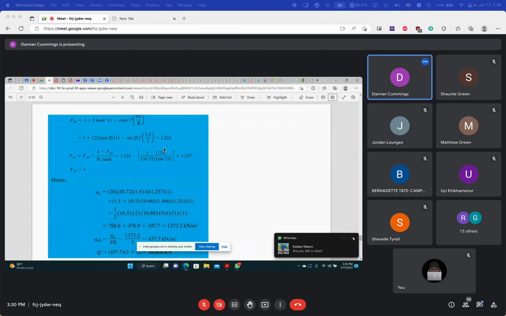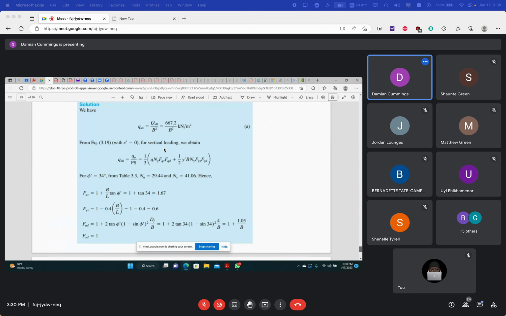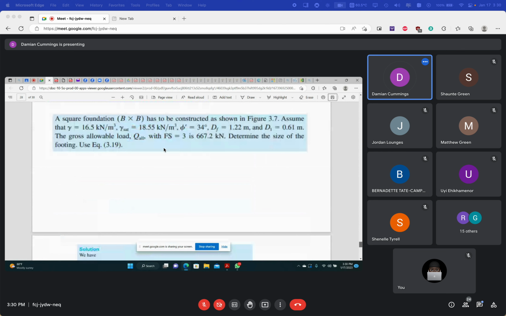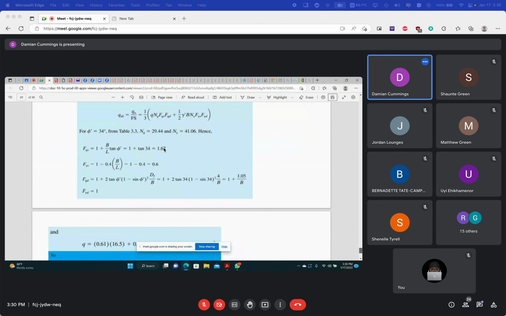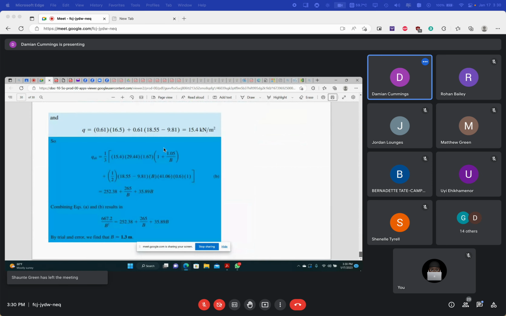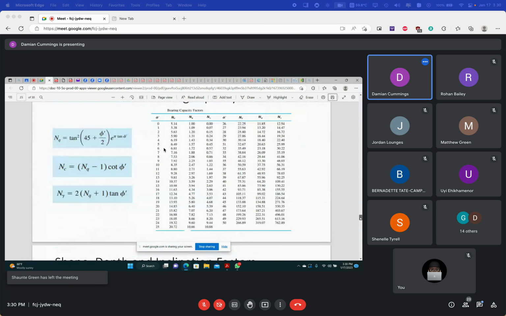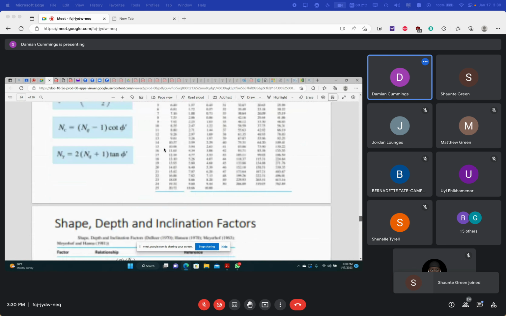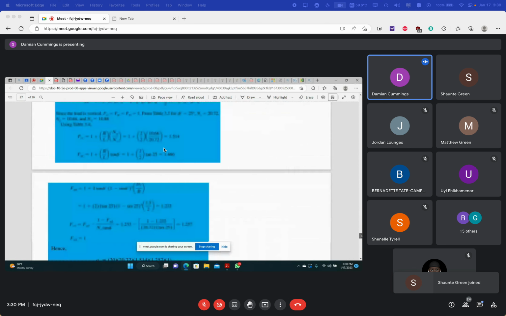N gamma, hold on, N gamma will be 10.88. So that's all the chart I have.